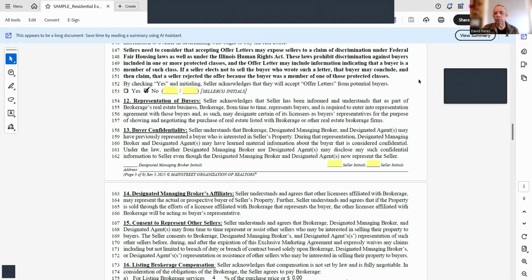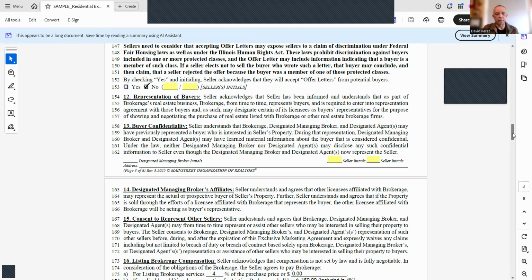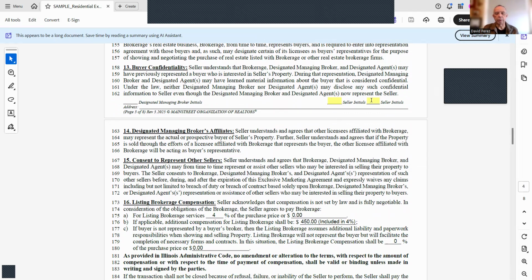We don't want any of that. We want a smooth and fast closing. So I would recommend not accepting any offer letters. That's the end of page 3. Then you would initial the bottom of each page.